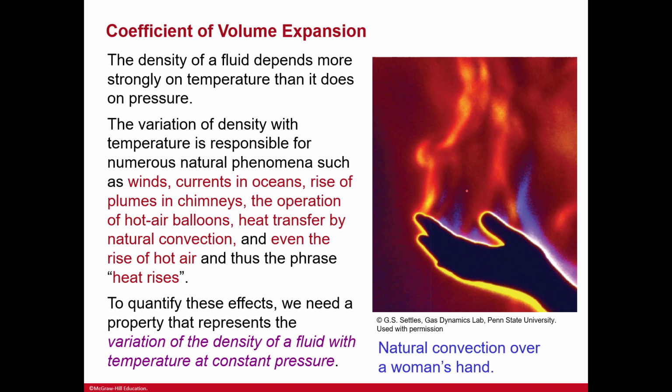The variation of density with temperature is responsible for numerous natural phenomena, such as winds, currents in the oceans, rise of plumes in the chimney, the operation of hot air balloons, heat transfer by natural convection, and even the rise of hot air, and thus the phrase heat rises. To quantify these effects, we need a property that represents the variation of the density of a fluid with temperature at a constant pressure. And this is natural convection over a woman's hand.